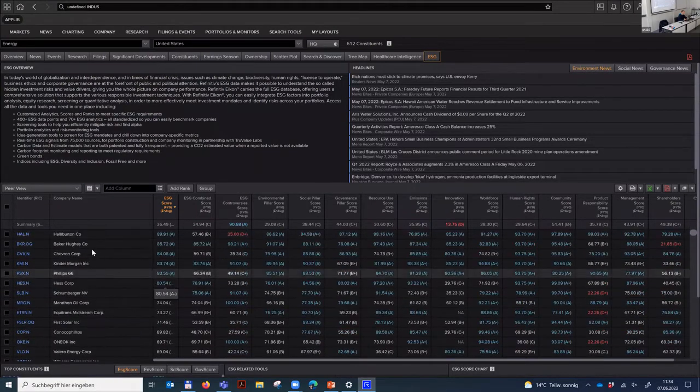So, for instance, if you like to build a portfolio which includes somehow the energy sector, you probably pick a corporation or corporations that have a very good ESG score. And you would, let's say, go into the deep dive and look at the corporations as what I did with Daimler and really look at what are they doing, which policies do they have in place, and so on and so forth.